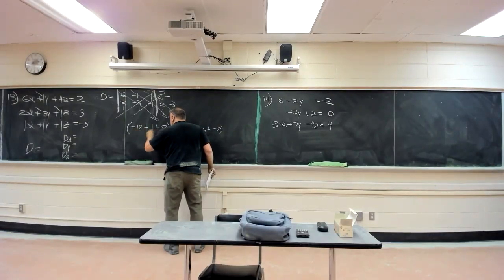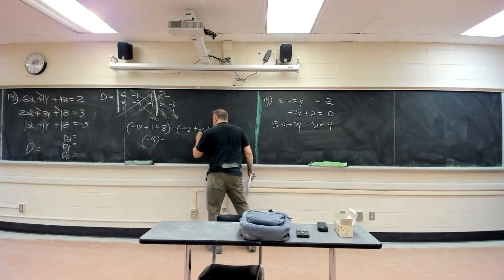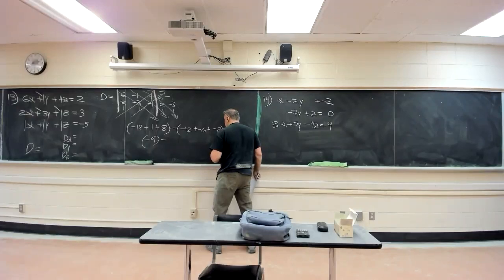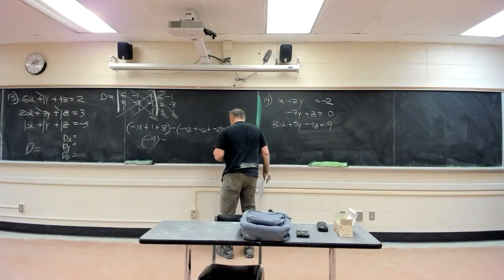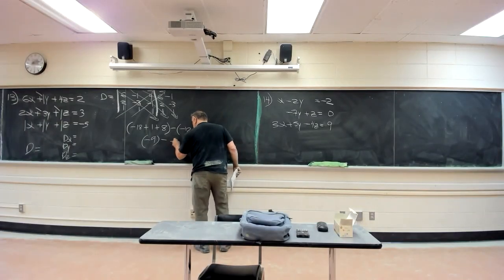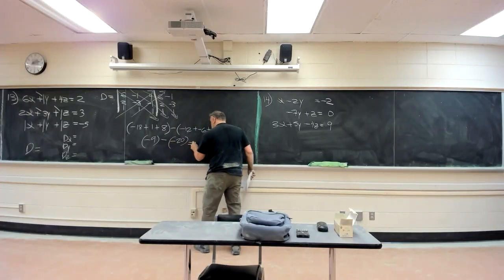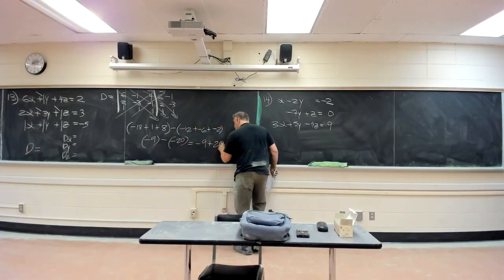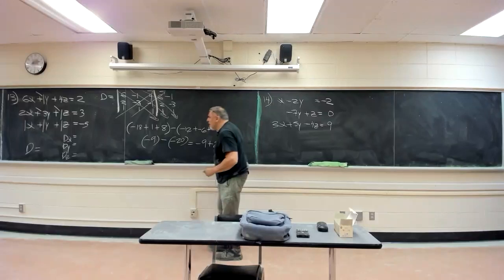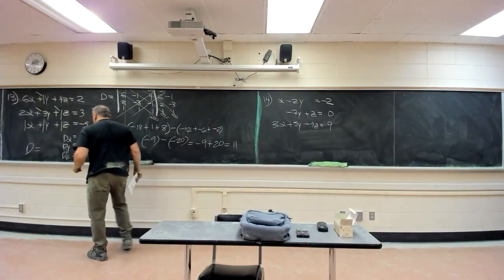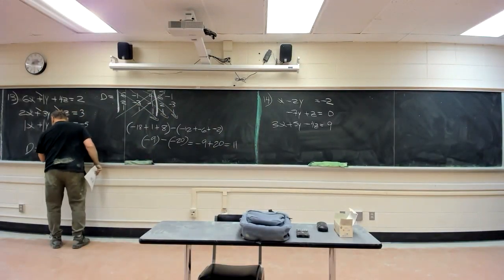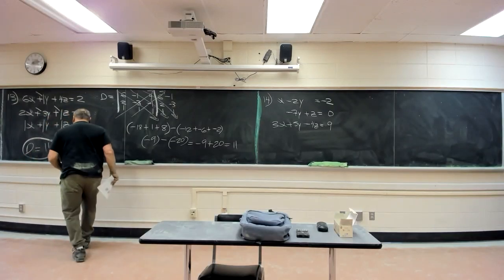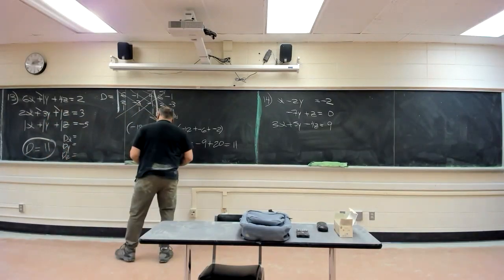That's 9. 9 and -18 is -9. This and this and this, they're all negatives, as we said. -8, -20. -9 minus the -20 is -9 plus 20 is 11. So D's 11, and we take it from there.